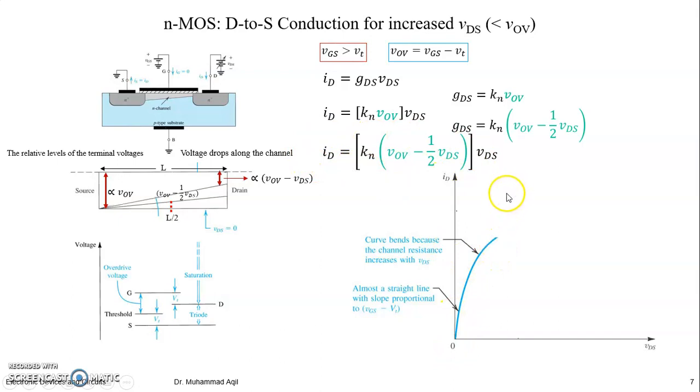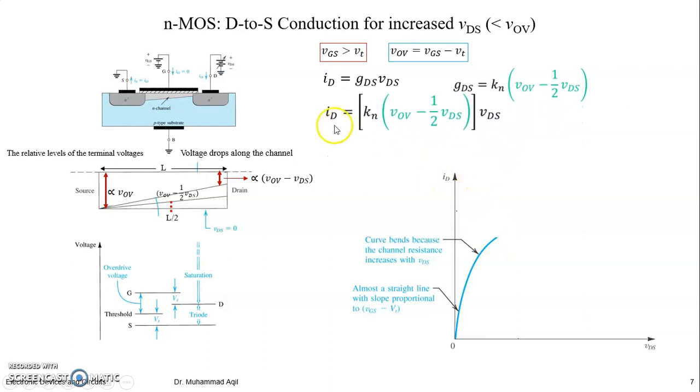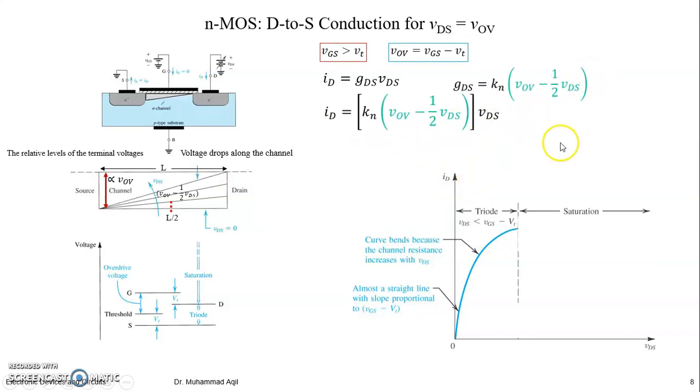So if you increase VDS further, your curve bends more, and this formula stays intact. But a point occurs when you increase VDS, when your VDS becomes equal to VOV, that is, the VGS minus VT value.